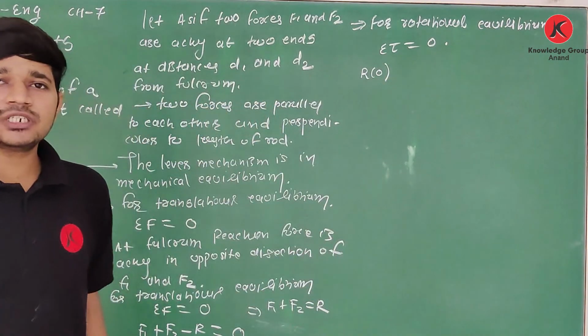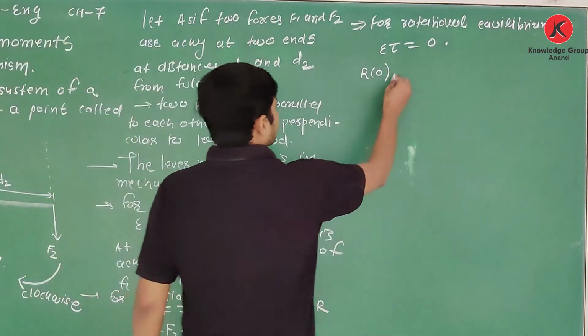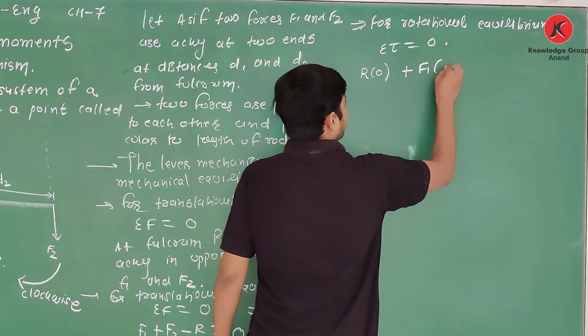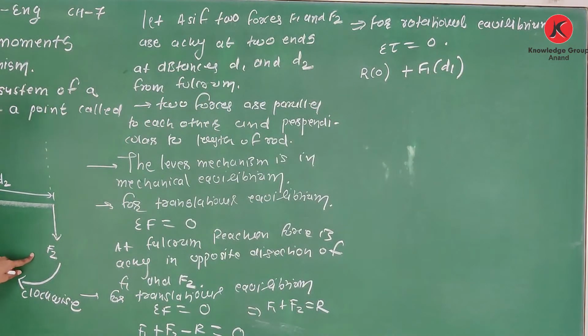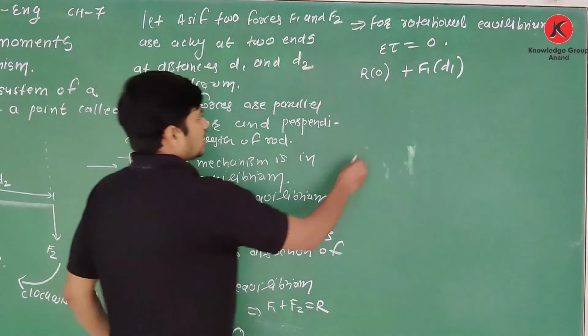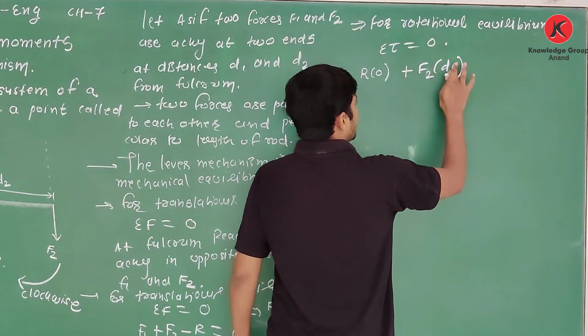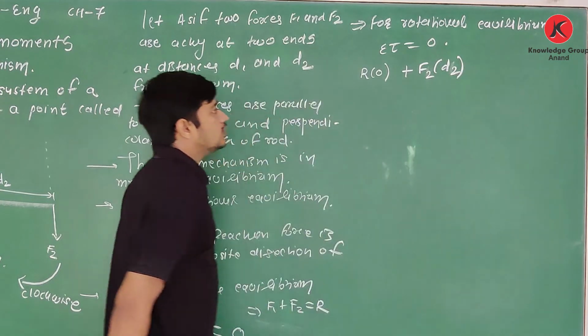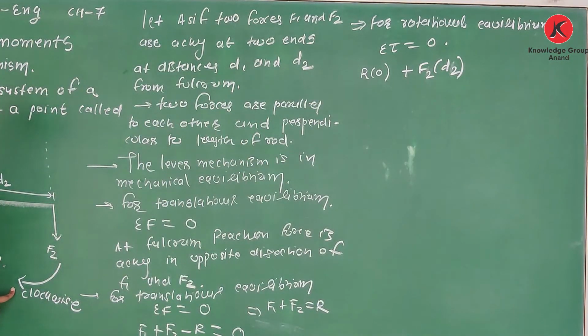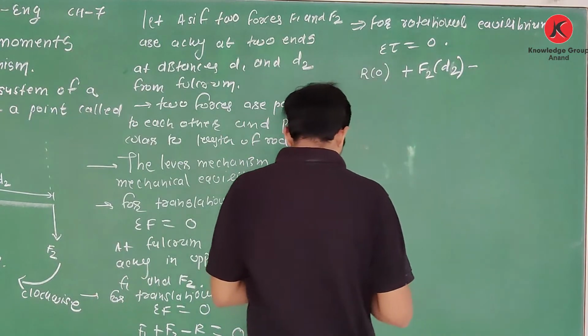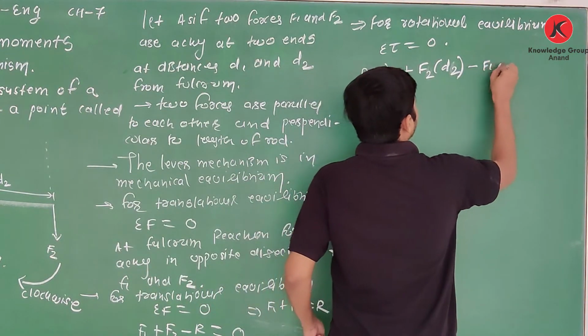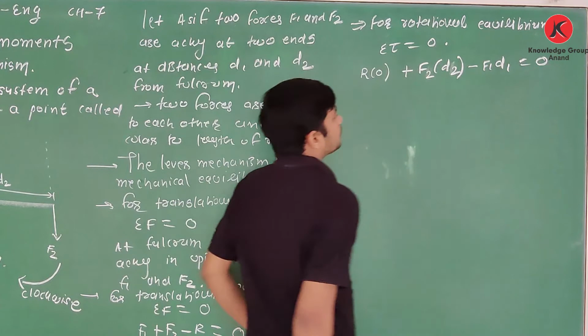Because its perpendicular distance is 0. Now, what is the torque due to F1? It is F1 d1. I have considered clockwise as positive, so I can write F2 d2 as positive because it is in the clockwise direction. So I have to take minus F1 d1. Why minus F1 d1? Because it is in the opposite direction.